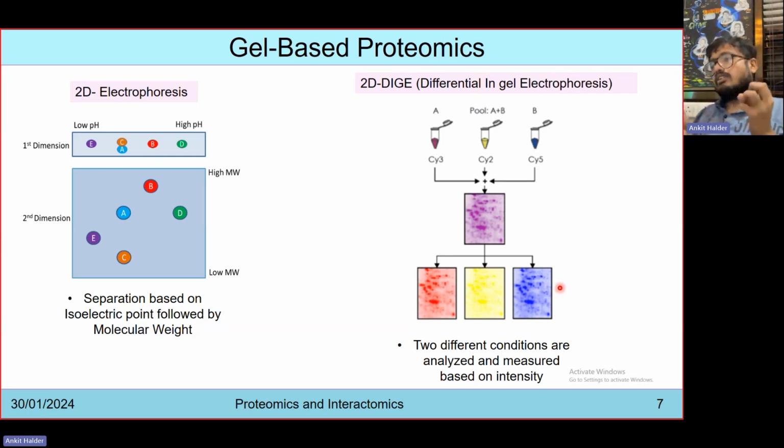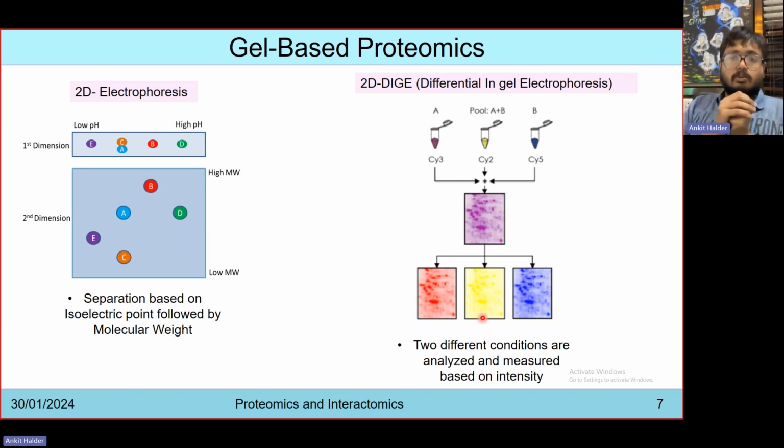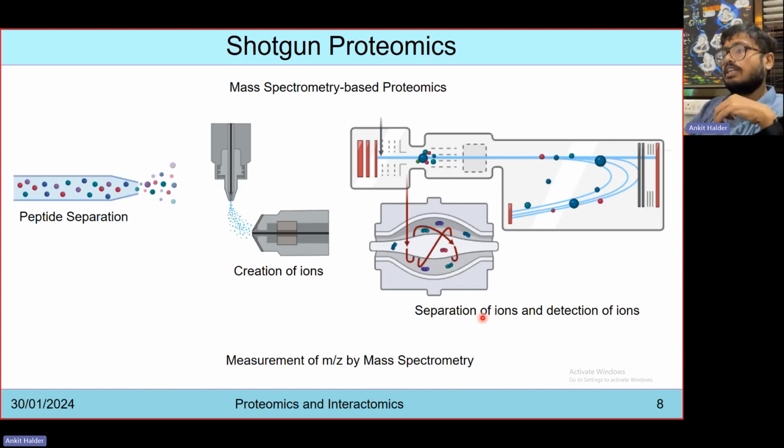The pool is just to normalize and to have a reference point, in case the protein spots are showing differences due to run-to-run variations, handling and technical variations. To reduce that, we use that particular pooled gel. This helps us compare the two conditions in a very fruitful way.